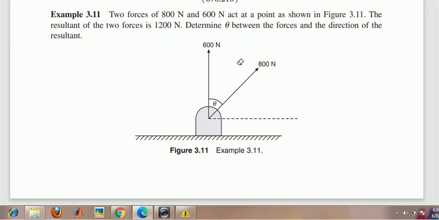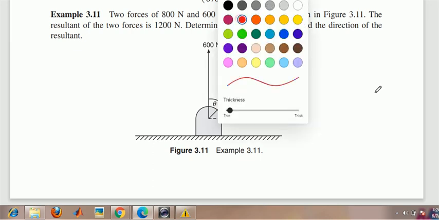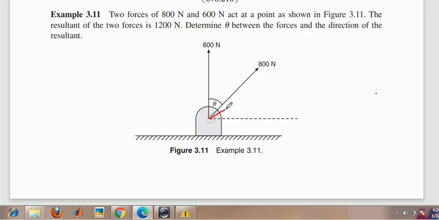Simple thing here: one vertical force is there, one inclined force is there, and we also know the resultant. For your convention, you have to draw this is the resultant, the value given is 1200.